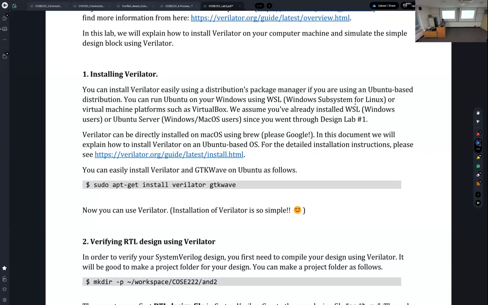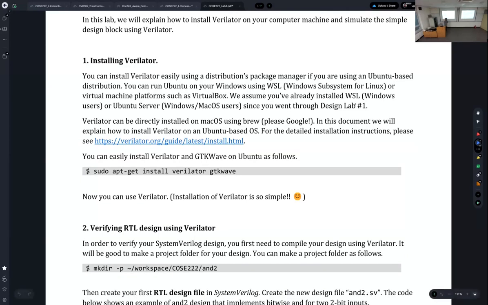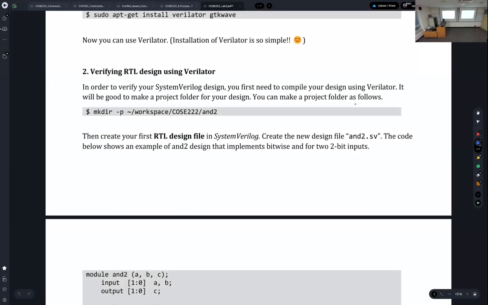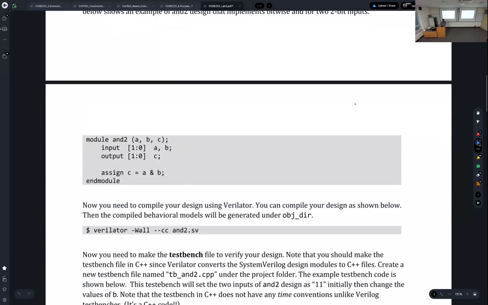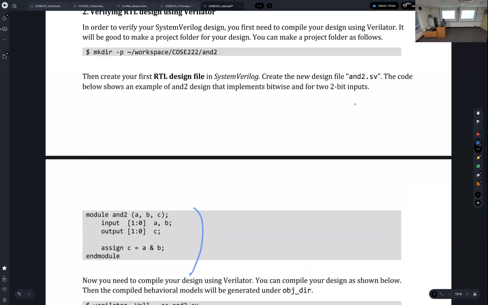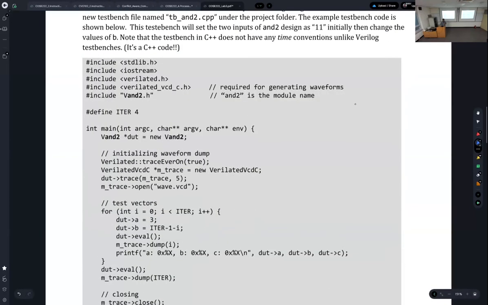I believe you already installed Ubuntu in the first lab, right? Then you can easily install Verilator here by following these steps. Also, I provide this end gate module and the test bench file.